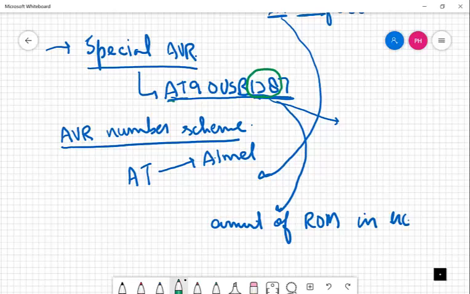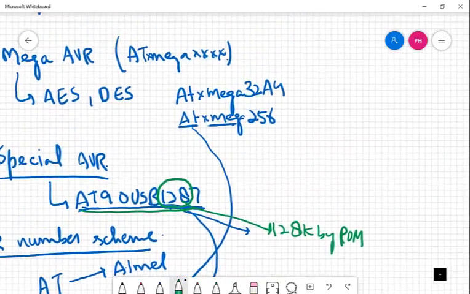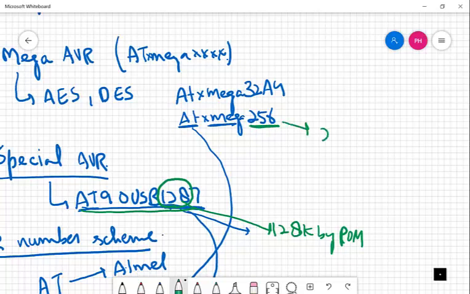So this microcontroller will have 128 kilobytes of ROM. Similarly, in this case, reading from left to right, the biggest power of 2 is 256, so ATxmega256 has 256 kilobytes of ROM. Similarly, this will have 32 kilobytes of ROM.